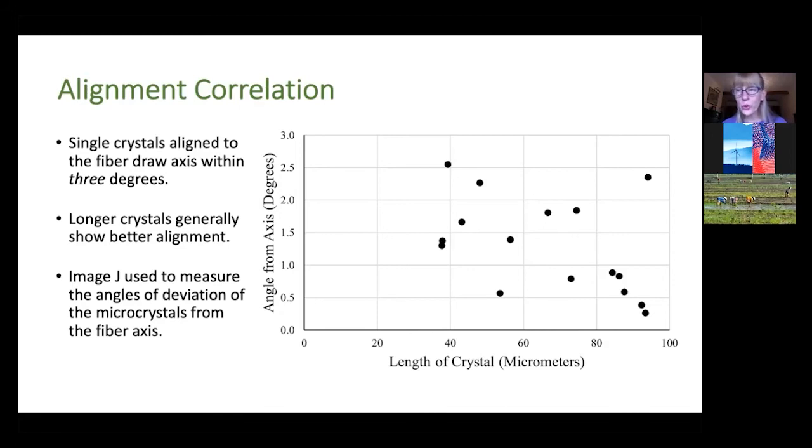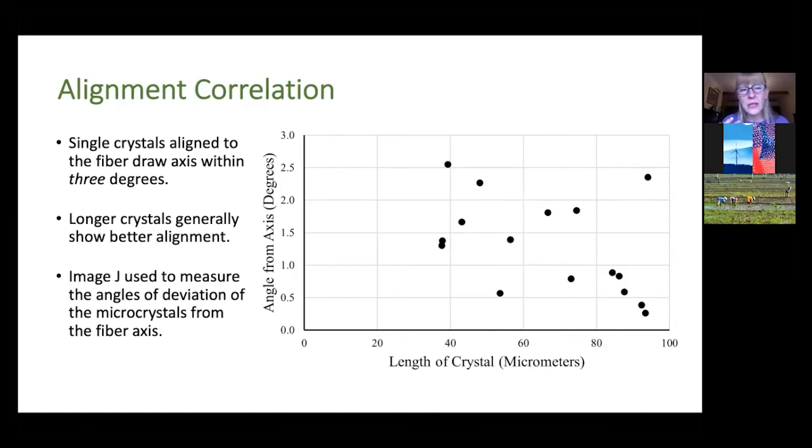With shorter crystals and that radius of curvature, there's a little bit more freedom to be oriented increasingly off axis. So the key is sufficiently long crystals. Again, you're shooting for aspect ratios on the order of 10 or perhaps higher.